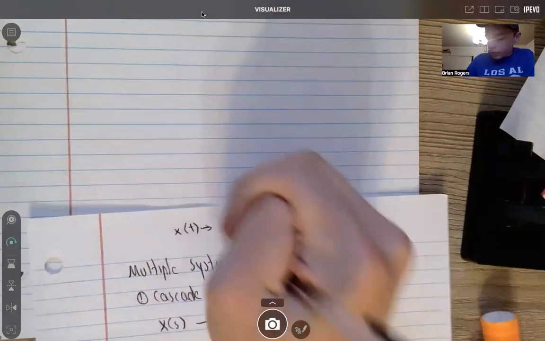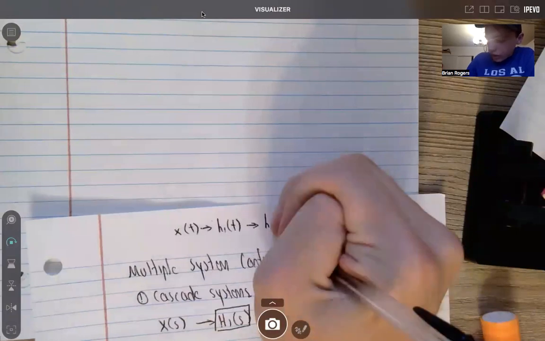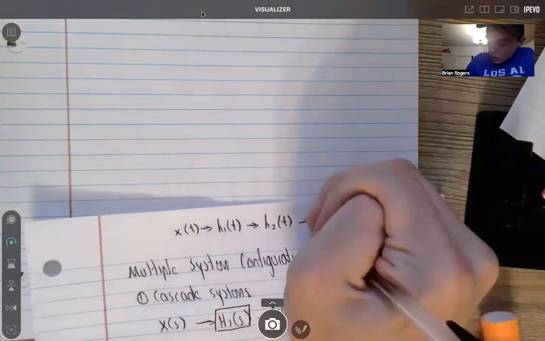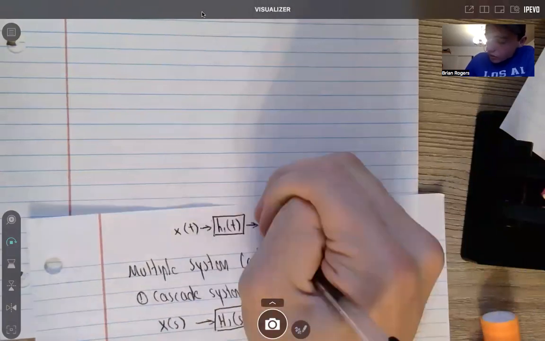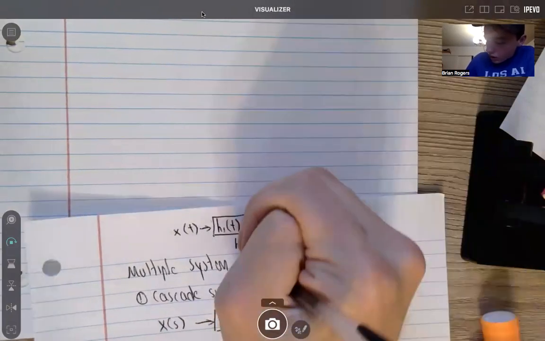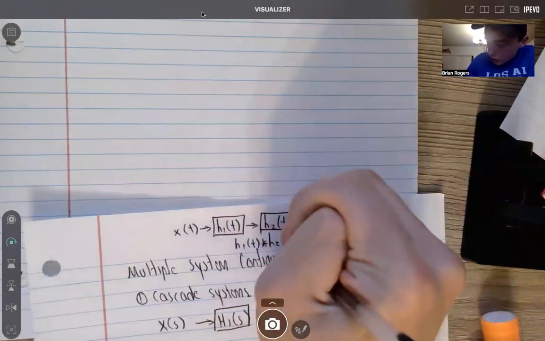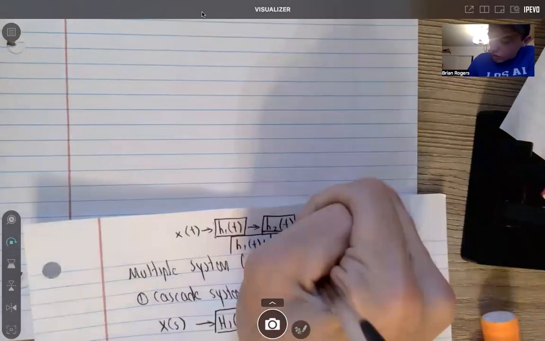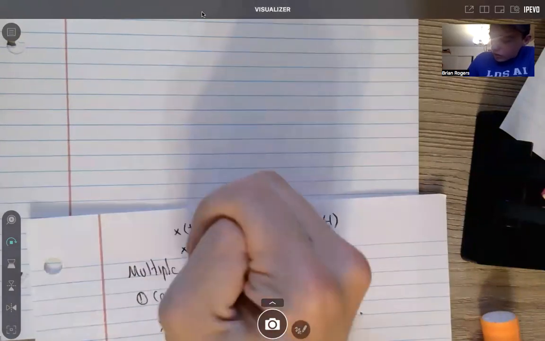Just be careful when you're working in the frequency domain versus time domain. And then y of t, you have to be careful because in series, the equivalent is h1 of t convolved with h2 of t. That's the equivalent for those in series for x of t and then y of t.